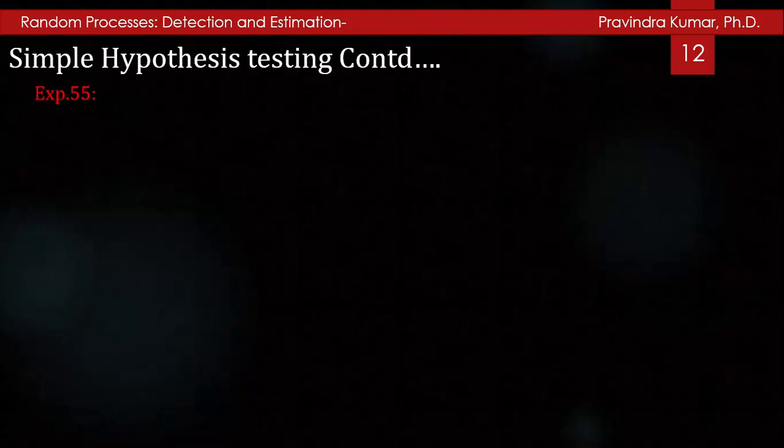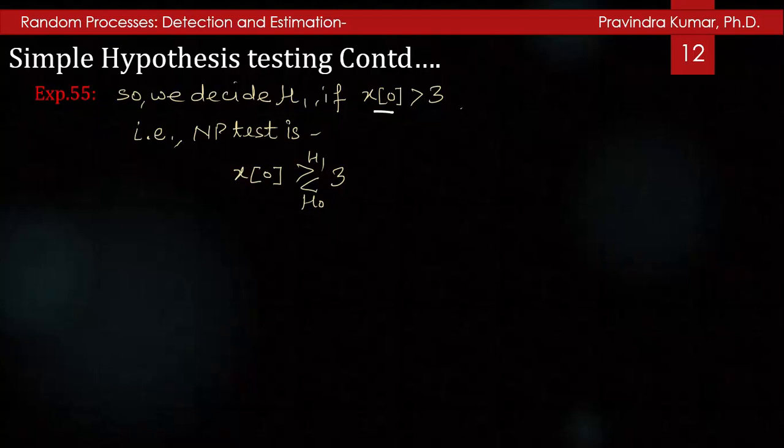From this we can conclude that we decide H1 if the observed sample x0 is greater than 3, and so the NP test is the observed sample greater than or equal to 3. When the observed sample is greater than 3, we decide hypothesis H1, and when it is less than 3, we decide hypothesis H0.